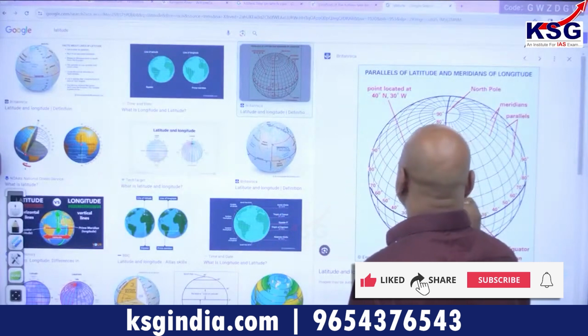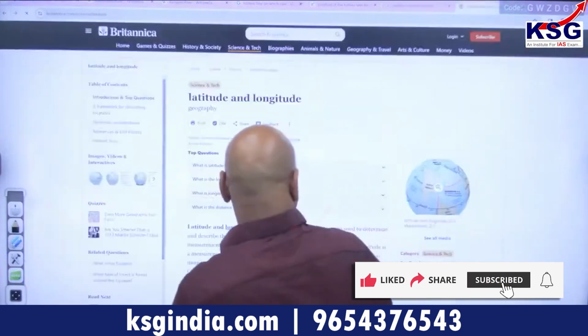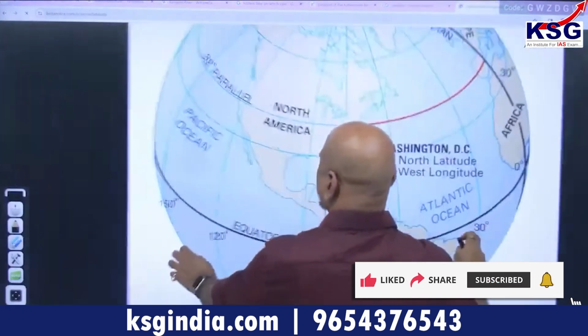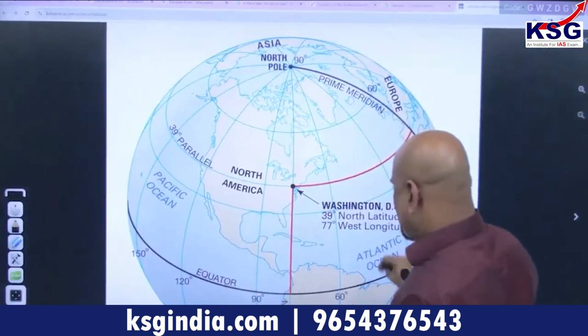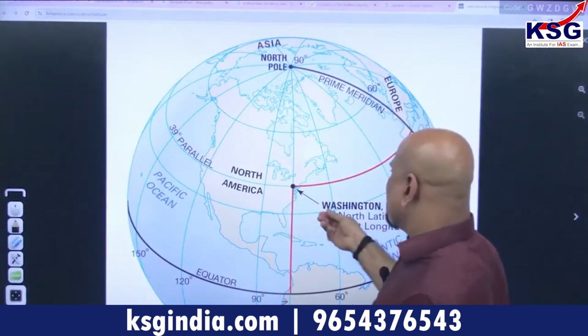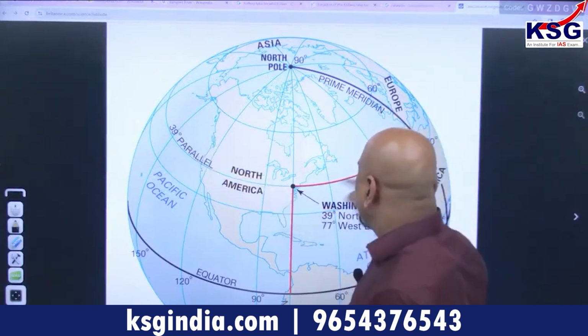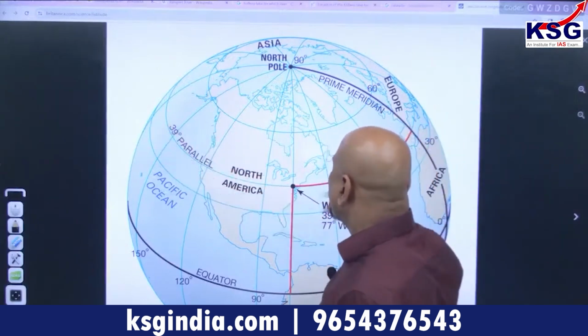We can look at, in this case, we can see from the center of the earth, these are the lines which are called the latitude, which is dividing the earth into different segments, as you know, from the center of the earth.